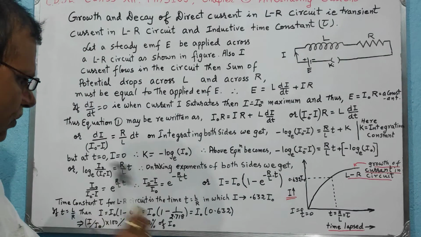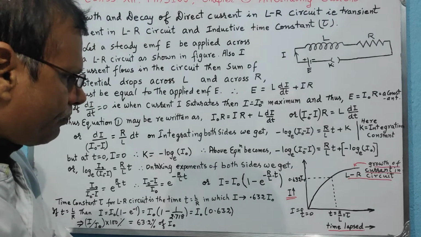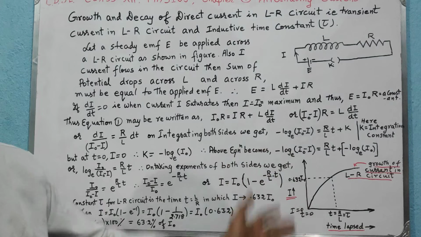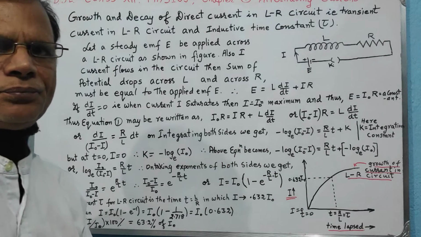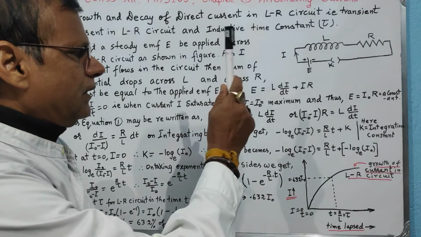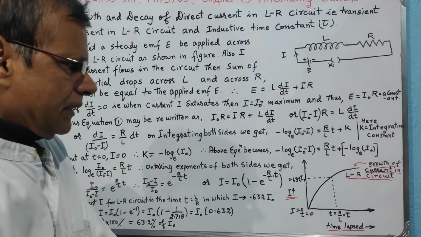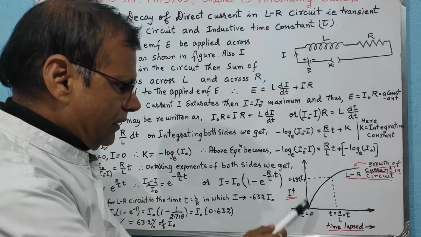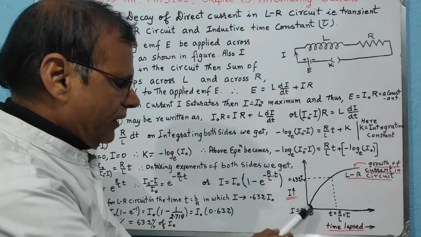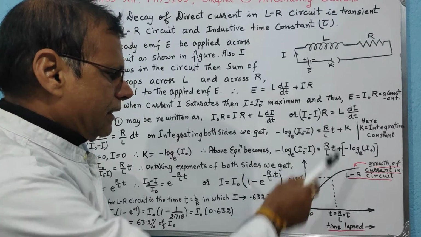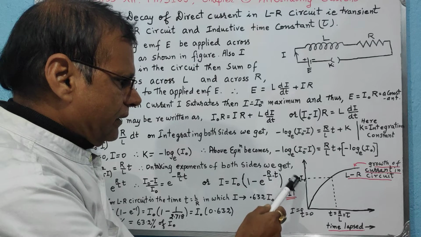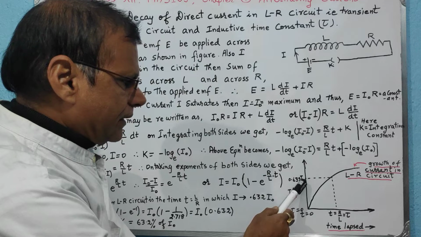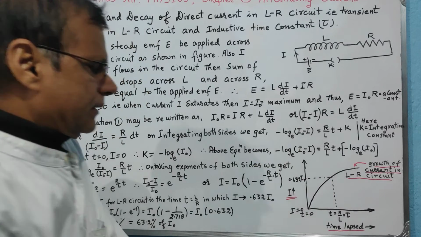So we define a term, the time constant of the LR circuit. It is that time in which the instantaneous current in the circuit increases to 0.632 fraction of the maximum current.